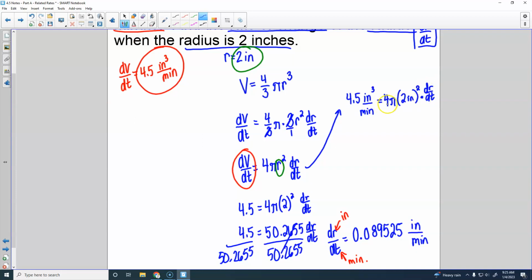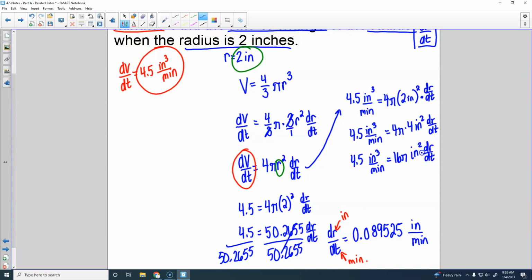So when you square this, you've got 4.5 inches cubed per minute equals 4 pi times 4. When you're squaring the 2, you also square the inches. So 4 square inches times dr/dt, which is giving you 4.5 inches cubed per minute equals 16 pi, or that 50.2 whatever, inches squared times dr/dt.